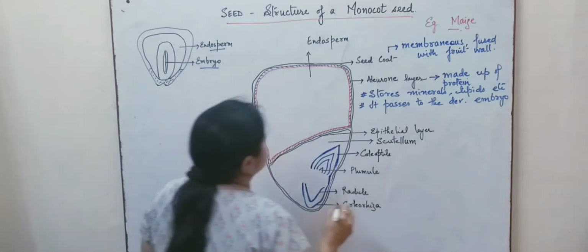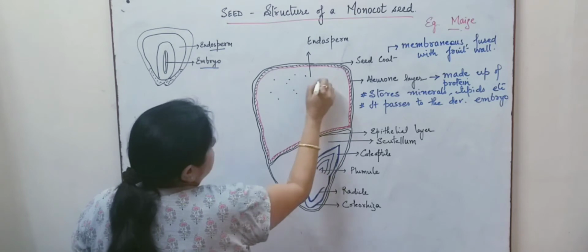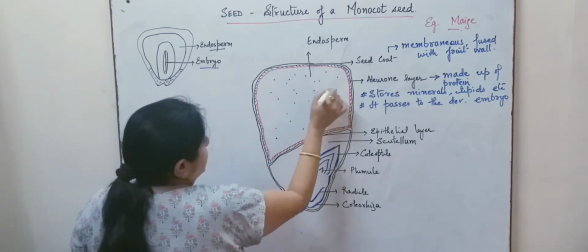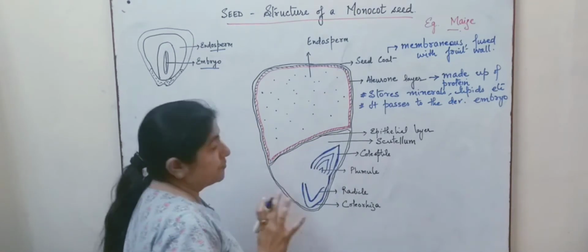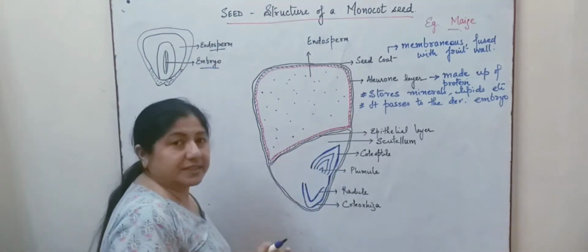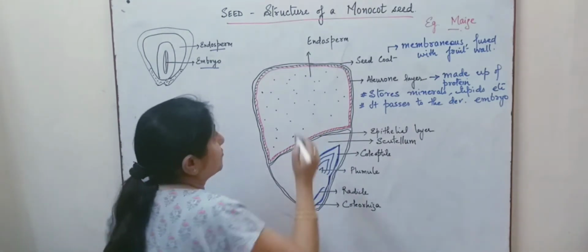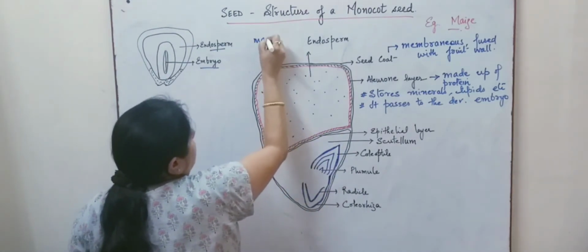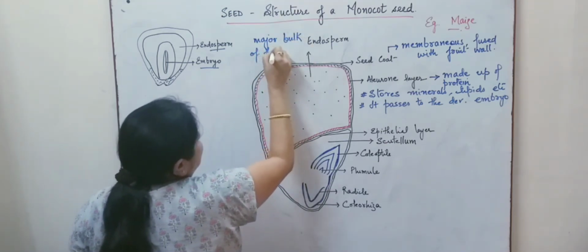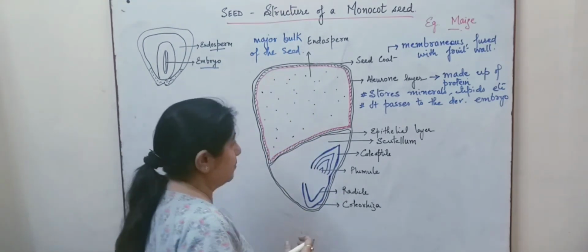Another structure which you see over here is the endosperm. The endosperm is quite bulky in the case of the monocot seed and forms the major part of the grain, and it is the site that stores the nutrition. So the endosperm forms the major bulk of the seed and has the nutrition which is then utilized by the embryo.